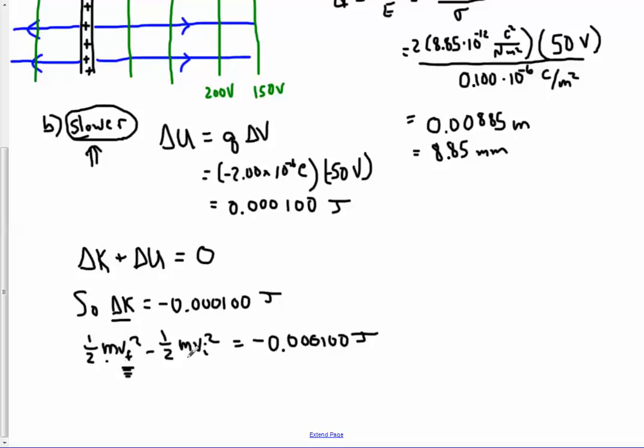If we knew the mass and the initial velocity, we could solve for final velocity. That wasn't included in this problem, so we can't actually convert to meters per second. But we can know how many joules of energy were lost from its kinetic energy, and in that sense, we know how much slower it's going. Okay.